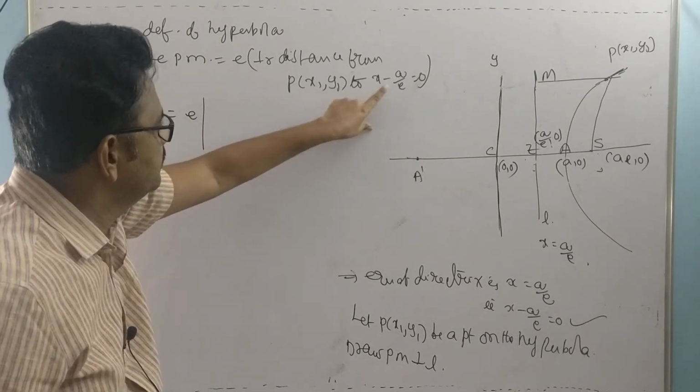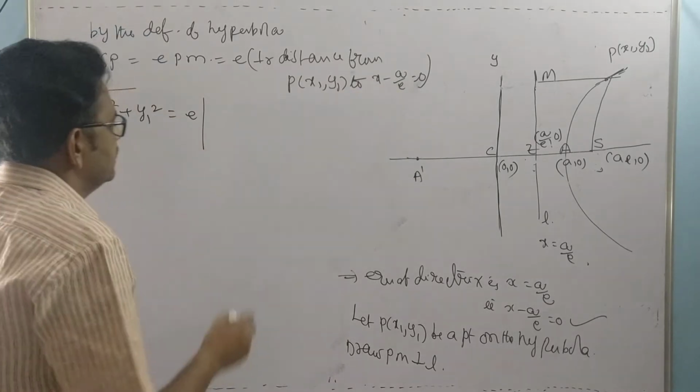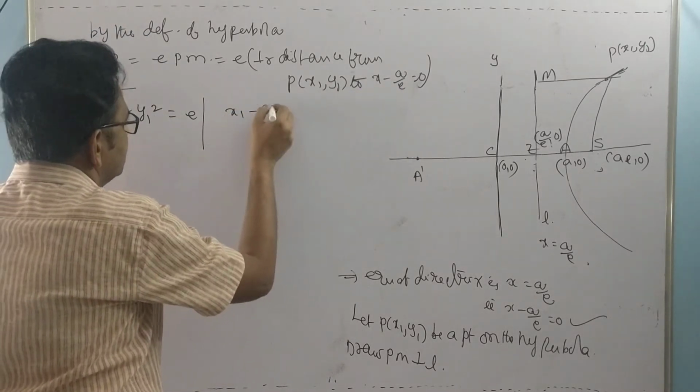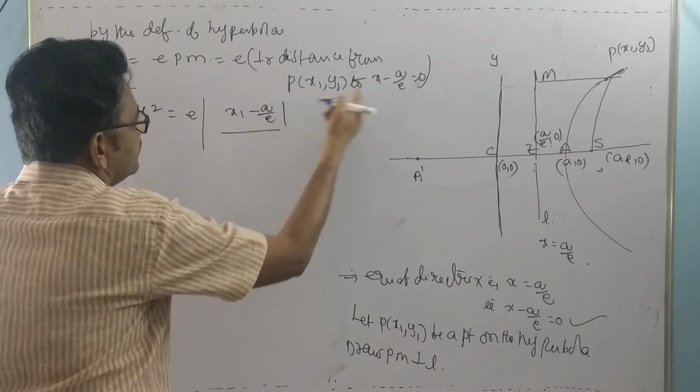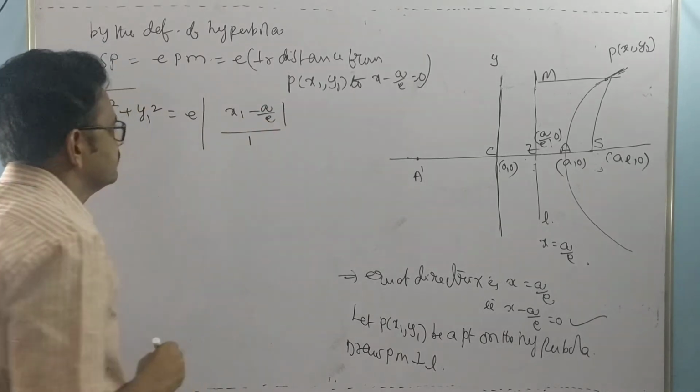A is 1, B is 0, C is minus A by E. So this is x1 minus A by E by root of A square plus B square. It is 1.